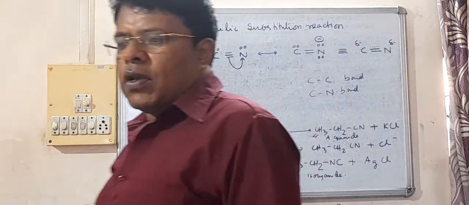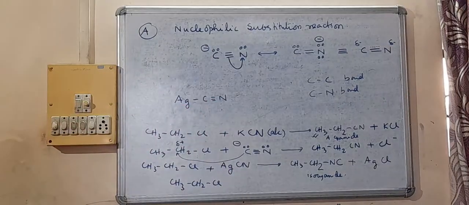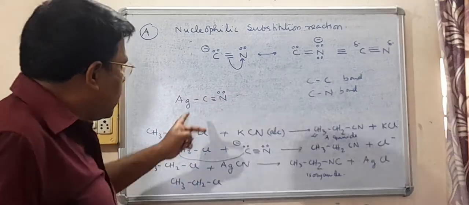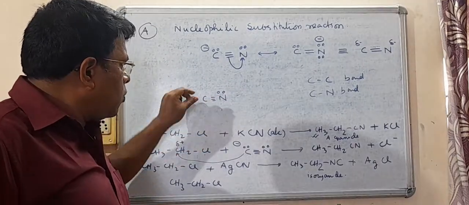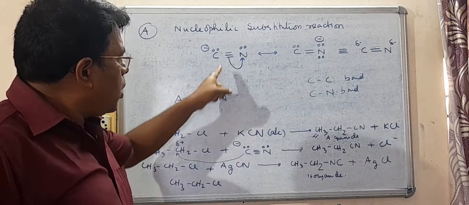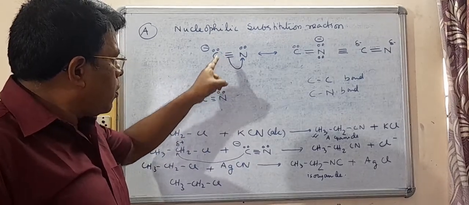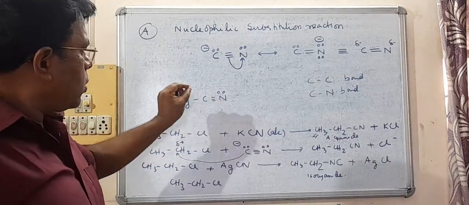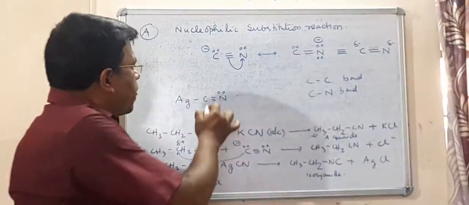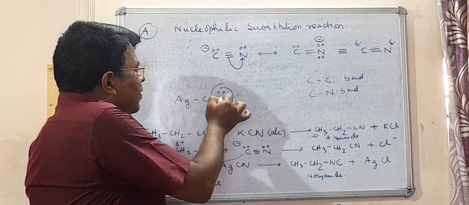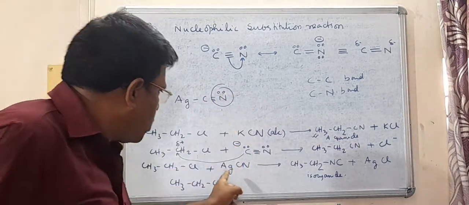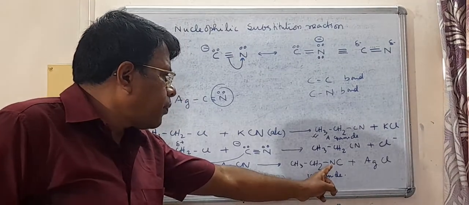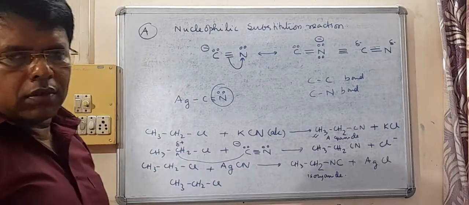Since it is covalent, there are no free ions like this, and here you see the nucleophilic site, the site which is rich in electrons, is this nitrogen. So attack takes place through nitrogen and we get isocyanide.